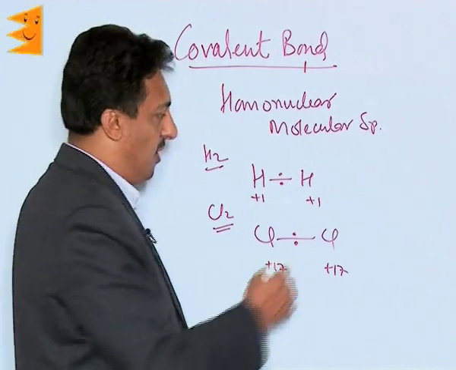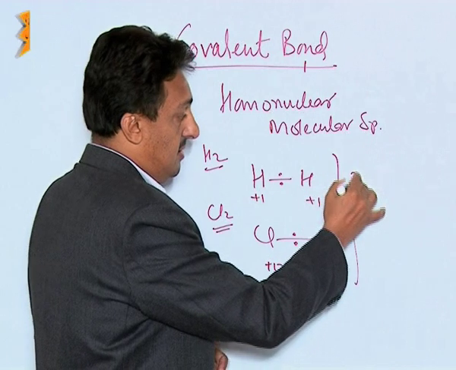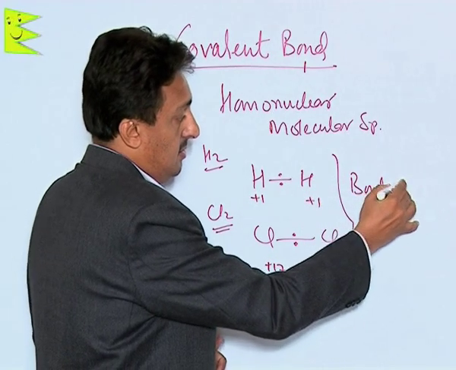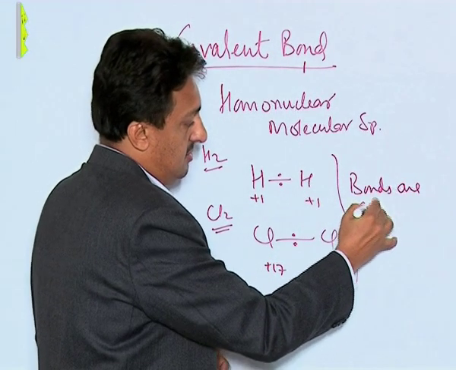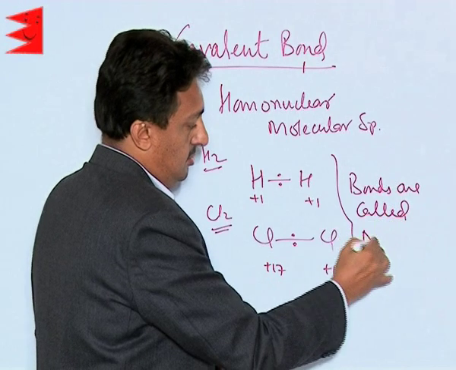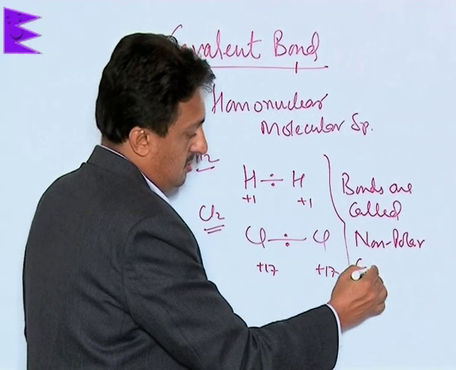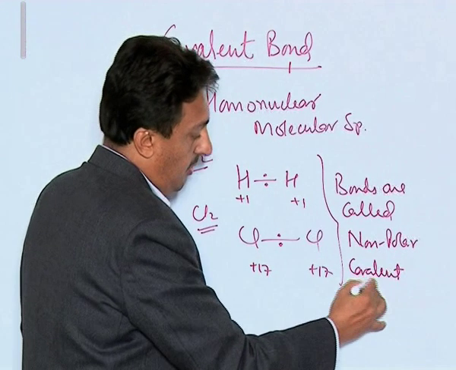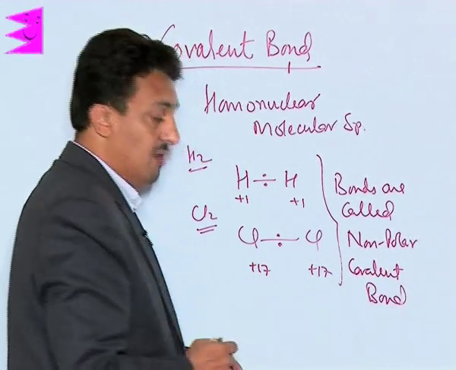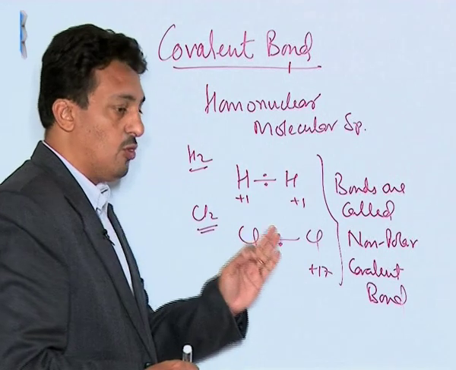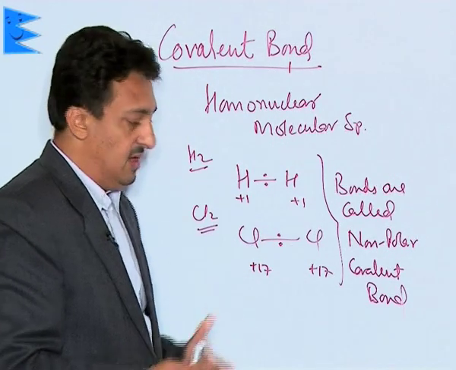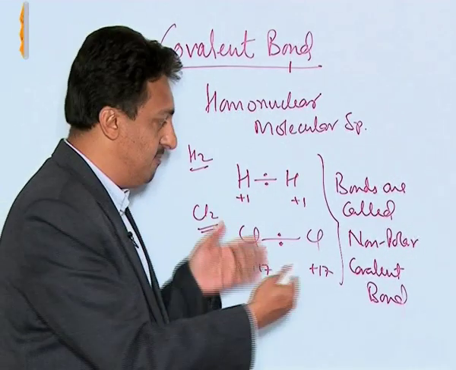Such bonds are called non-polar covalent bonds, or we can say perfect covalent bonds, in which there is proper sharing by both the atoms.